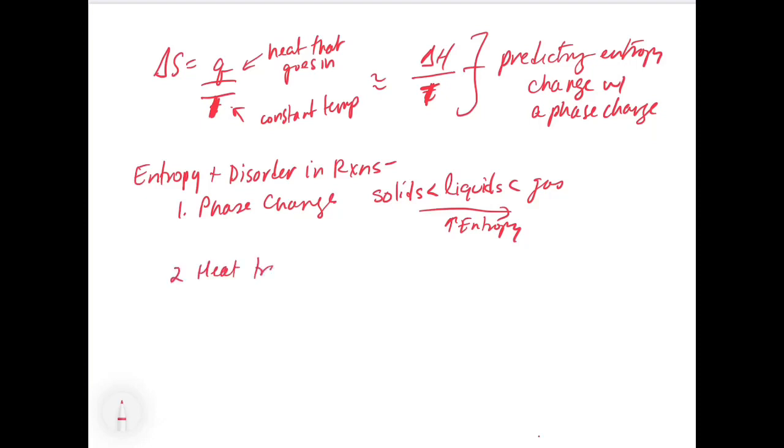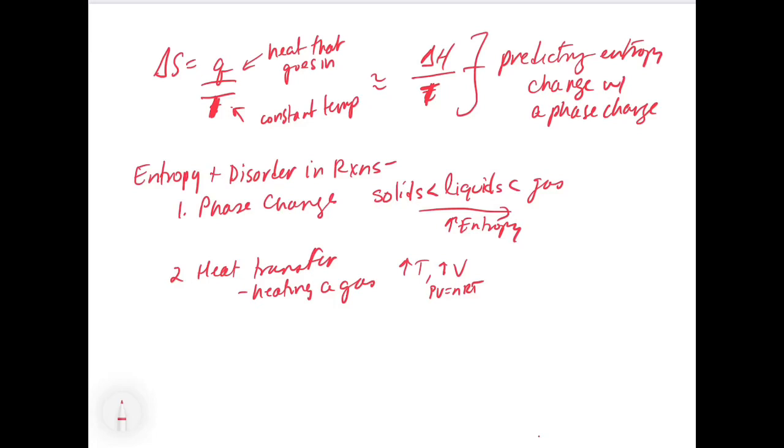So now another thing we can do is think about heat transfers. For example, what happens if we heat up a gas? The example here would be heating a gas, or it could be heating anything, but a gas is the easiest one to think about. As you increase the temperature of a gas, we know that we're going to get a corresponding increase in the volume. This is according to PV equals nRT.